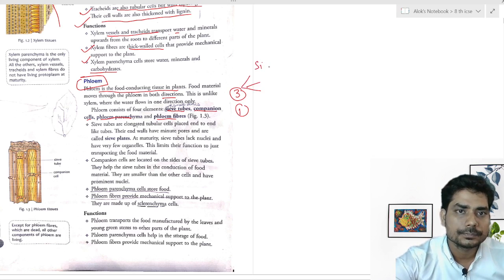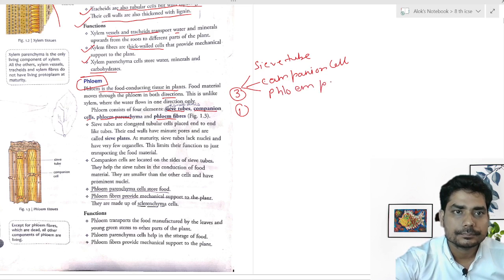Sieve tube, companion cell, phloem parenchyma, and the fourth is phloem fiber.